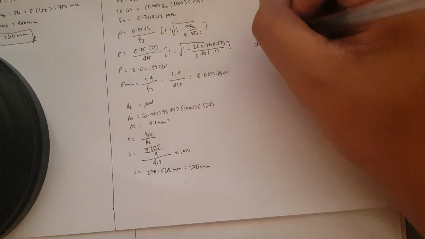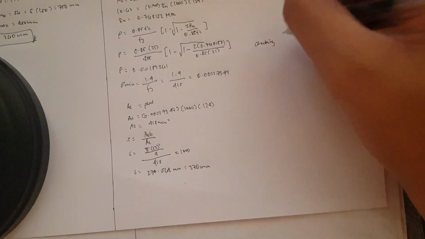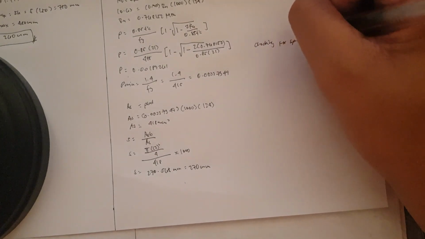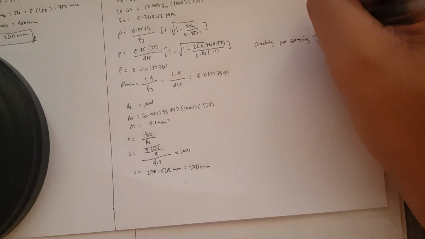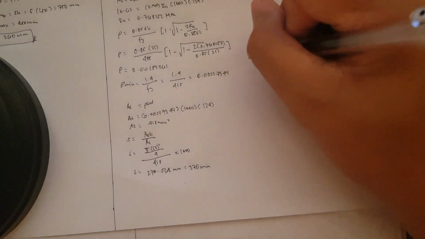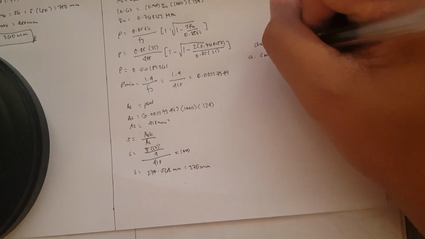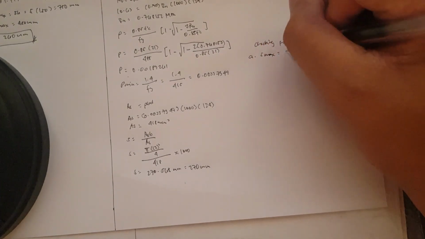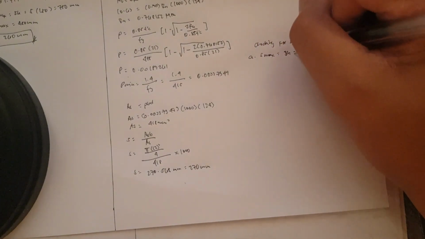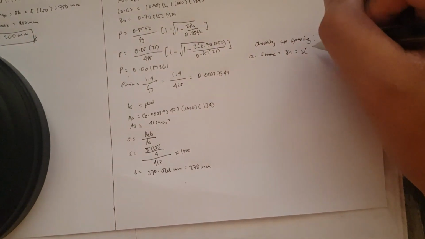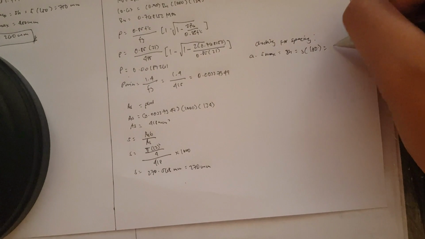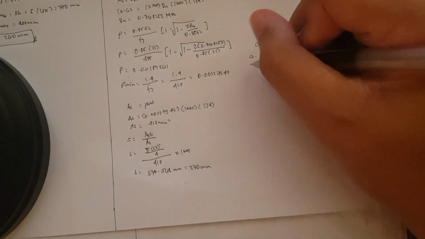So checking tayo for spacing. Yung max na spacing natin is equal to 3h. So 3 times yung depth natin na 150. Nakuha natin is 450.